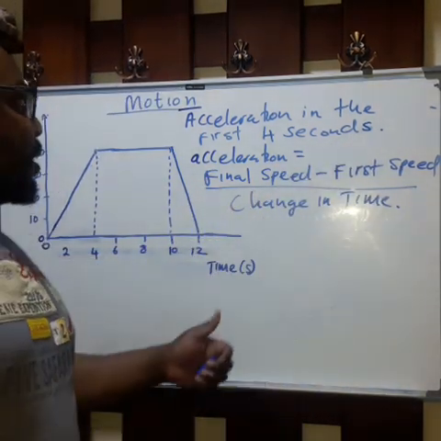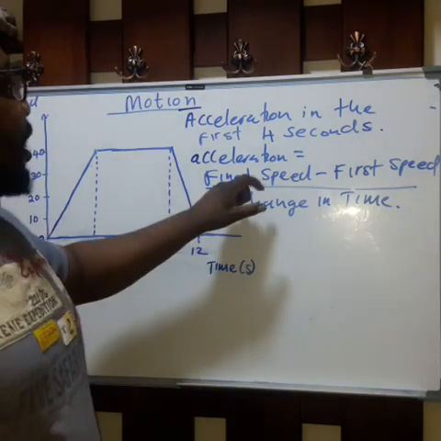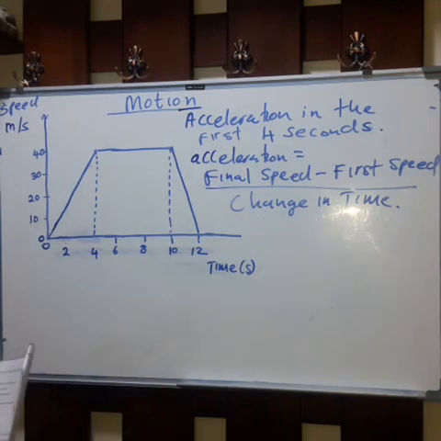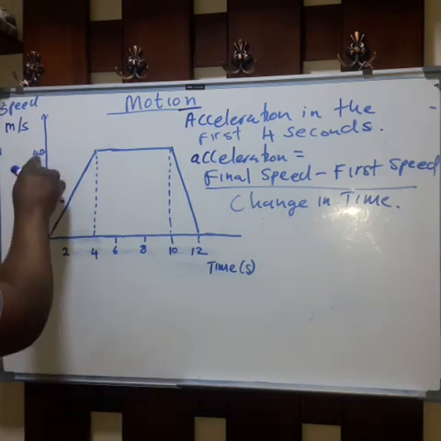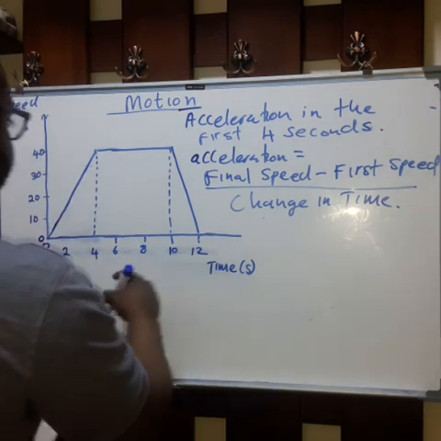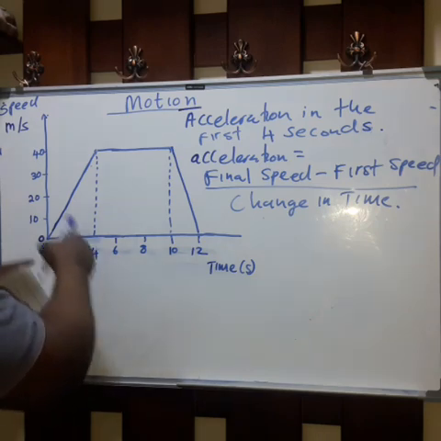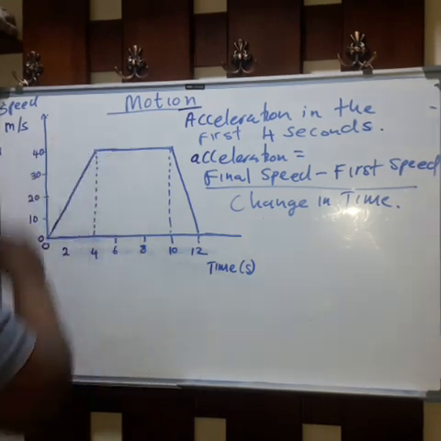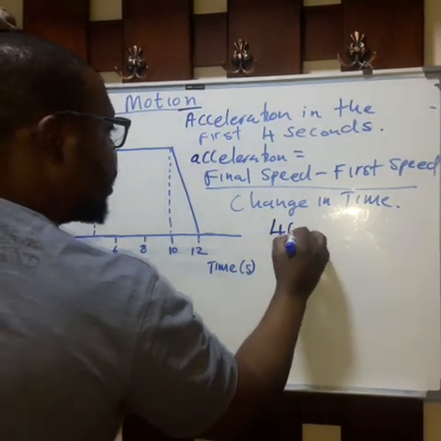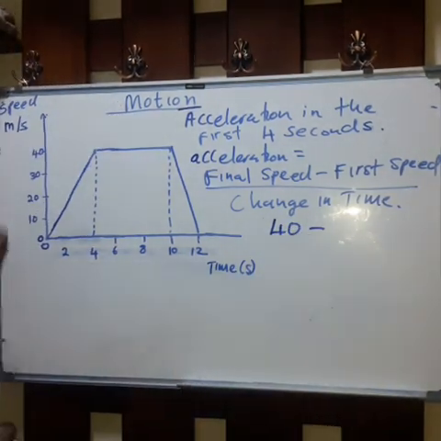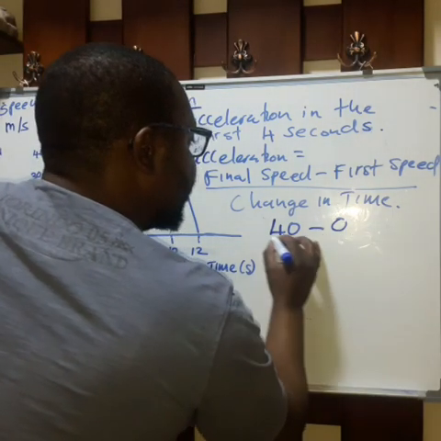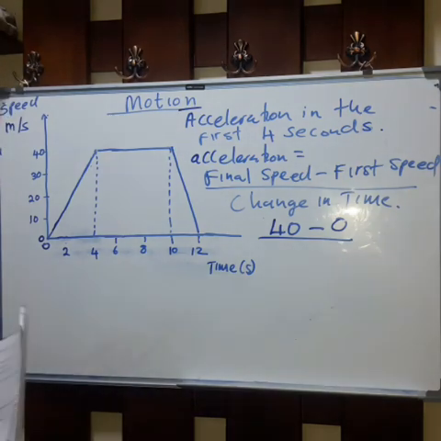But at this point, we need to remove the words and put values. So my final speed is 40 meters per second. After traveling 4 seconds, the object is now having a speed of 40. So I put 40 there minus the first speed, which is the initial speed, 0, because initially the object was stationary.